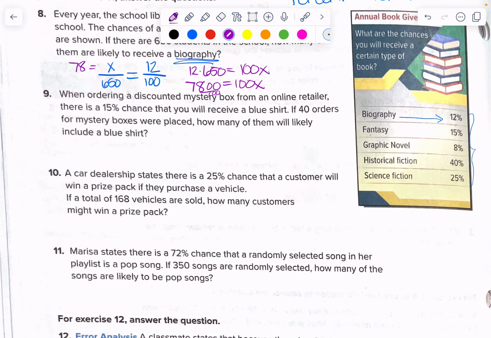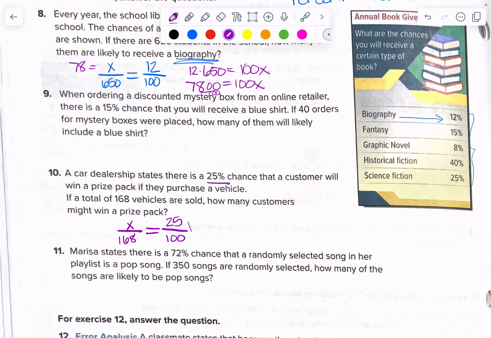So again, we're going to use our percent proportion to help us here. So I know that there's a 25% chance. Percent means per 100. So that means 25 out of every 100 people should be winning this prize pack. And so we can use that information to figure out an equivalent fraction out of 168. Okay, so then again, we could use a variety of strategies to solve this.